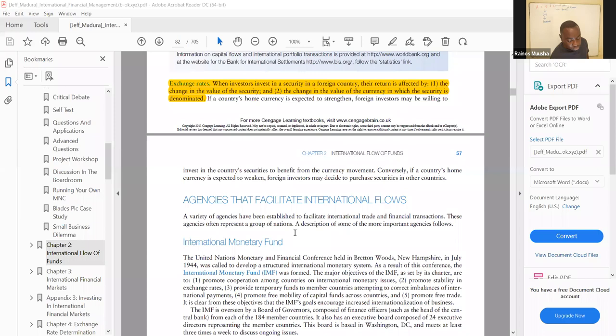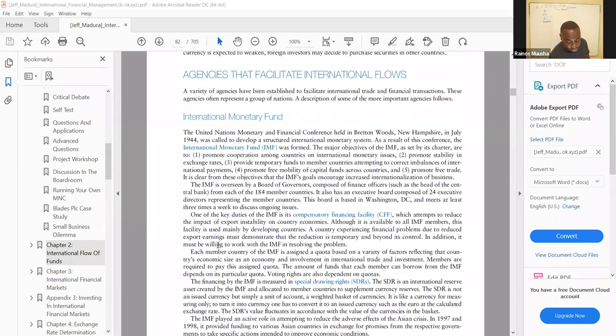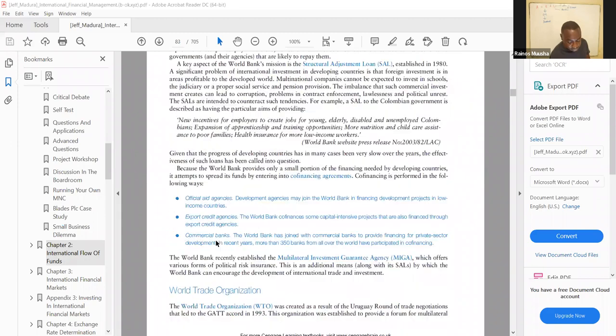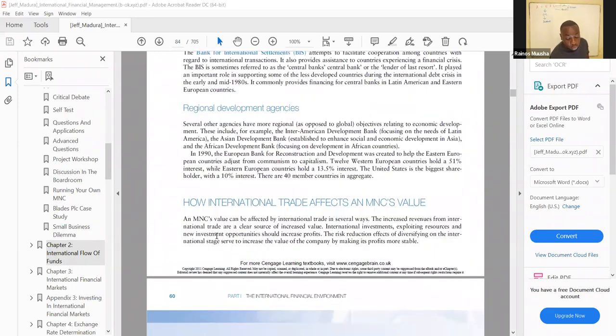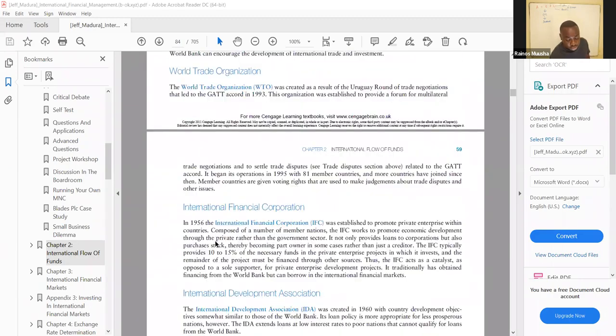So I wouldn't expect questions like, what is the IMF and what makes up the breakdown? Don't worry much about it. But from a practical perspective, just go through it so that you're knowledgeable about these agents that facilitate international flows.